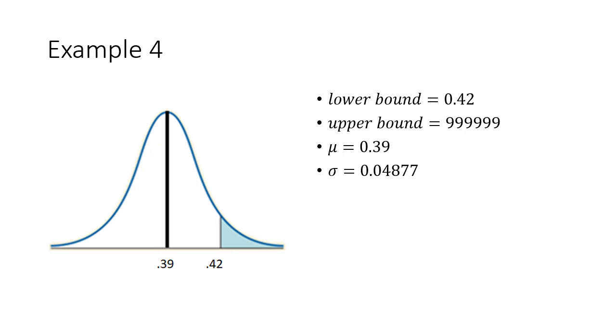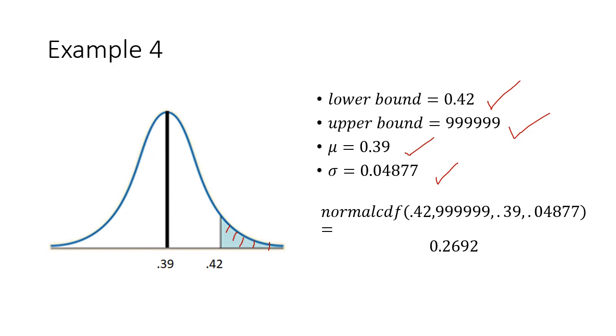But once we have that, it's just setting up the normal curve. It all goes back to that normal curve. So now we said 42 students or more, and would that be unusual? So again, we're shading to the right here of that 0.42. So my lower bound is 0.42. My upper bound is a very large number. My mean is still the same. My standard deviation is still the same.